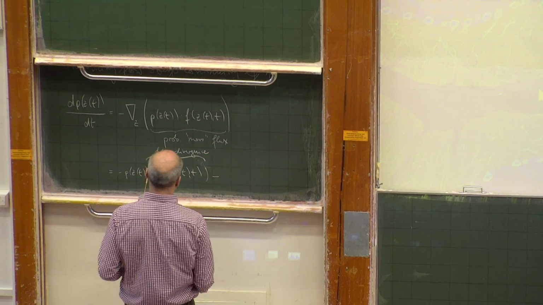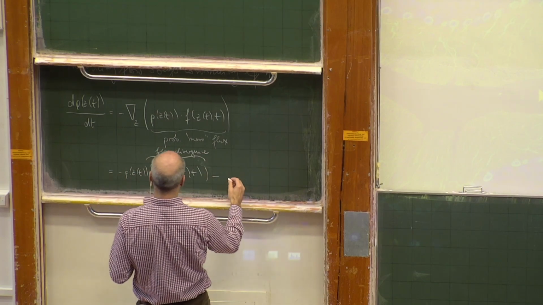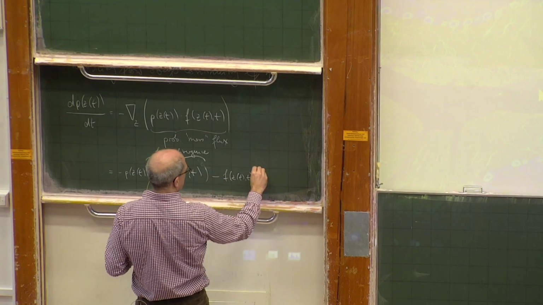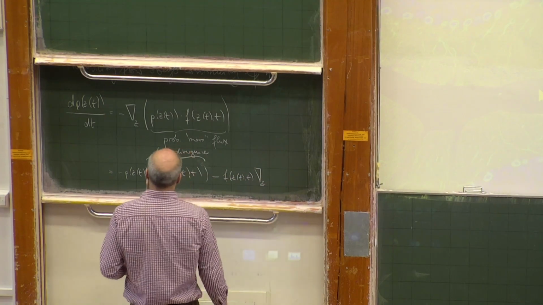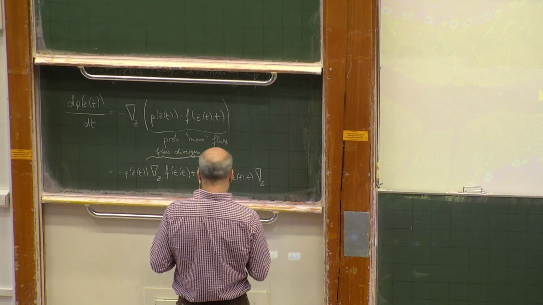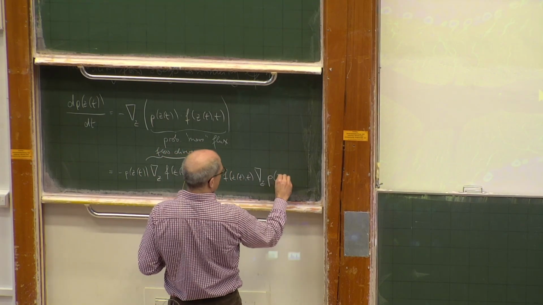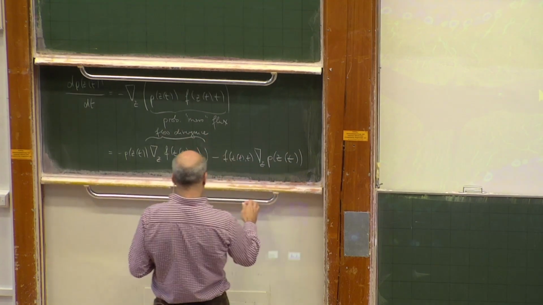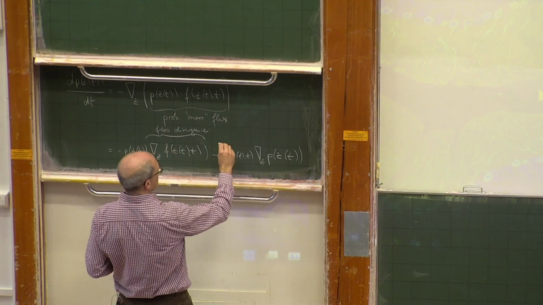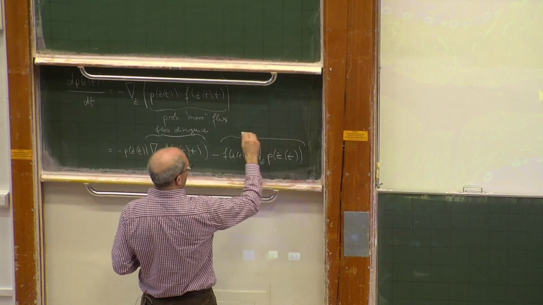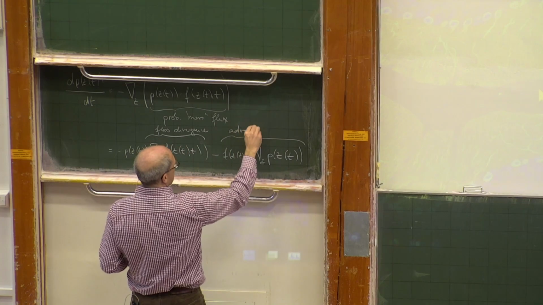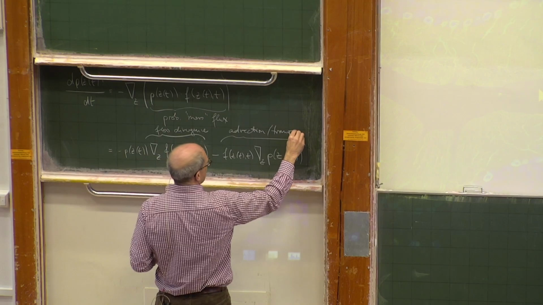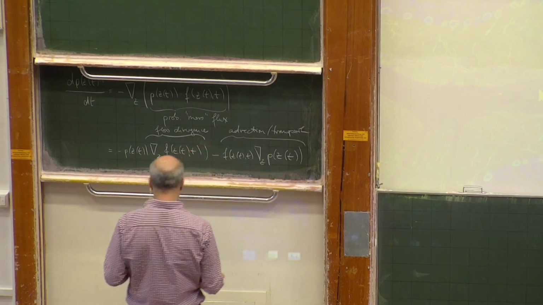And we have, on the other hand, by the product rule, the gradient of the probability density. And this term here gives me the advection or the transport of the probability mass of this flow.